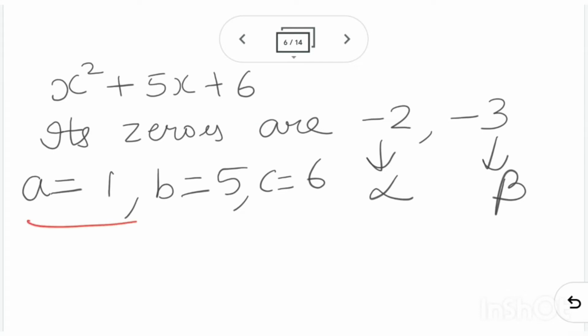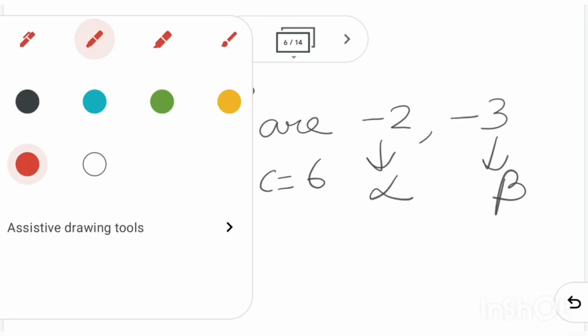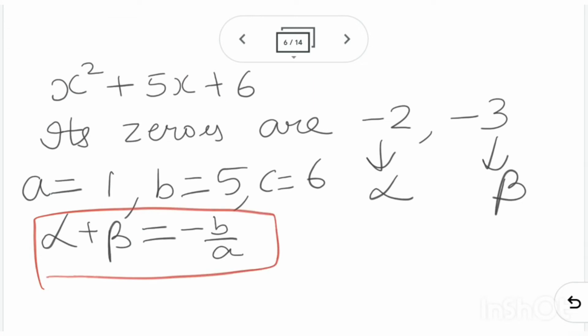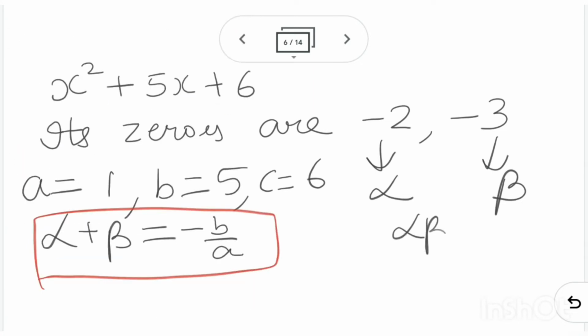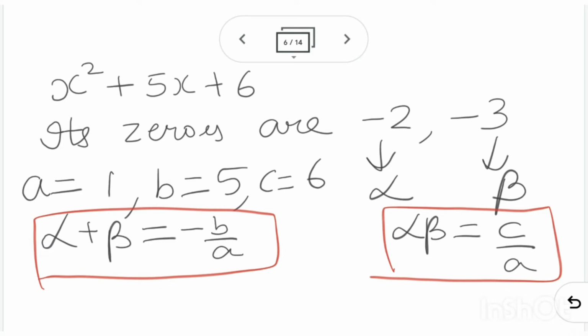So we know the coefficients and we know the zeros. Now we'll try to verify the relationship. The first relationship is the sum of zeros: alpha plus beta equals minus b upon a. The second is the product of zeros equals c upon a. We must remember these two results and use them.